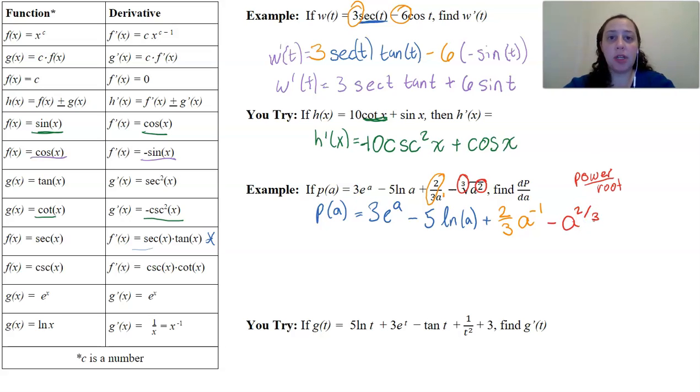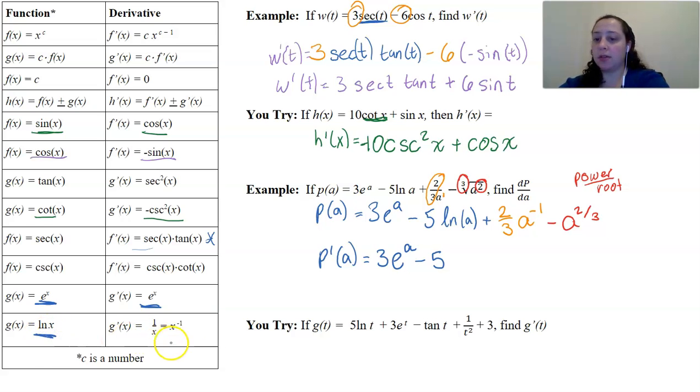Now that I've rewritten it, I can take my derivative. So p prime of a equals, put my coefficient in front. The derivative of e to the x is e to the x. So the derivative of e to the a is e to the a. Minus 5, bring that coefficient along for the ride. And then ln of x is x to the negative 1 or 1 over x.